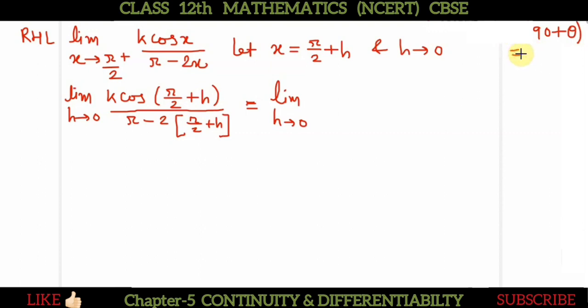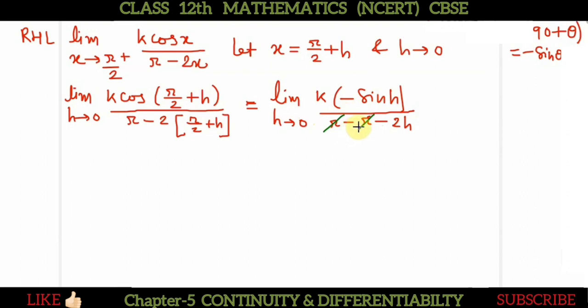Cos 90 plus theta is minus sin theta, because we are talking of the second quadrant. So here it will be k, and cos of 90 plus h will be minus sin h. In the denominator, pi minus 2 into pi by 2 is pi, and then minus 2h.